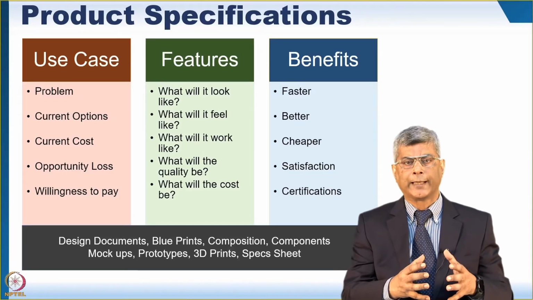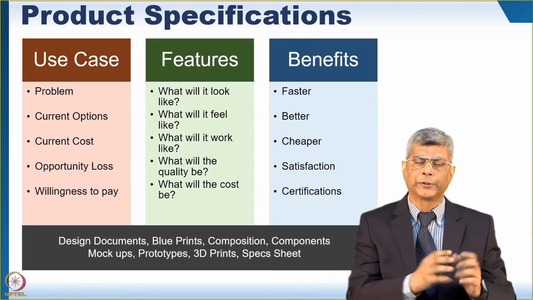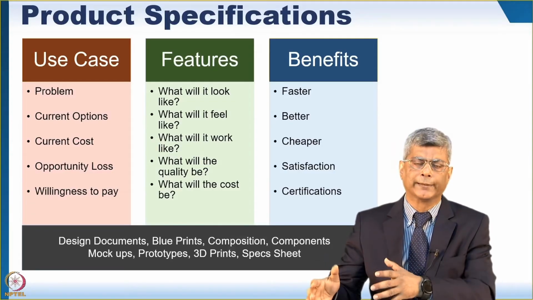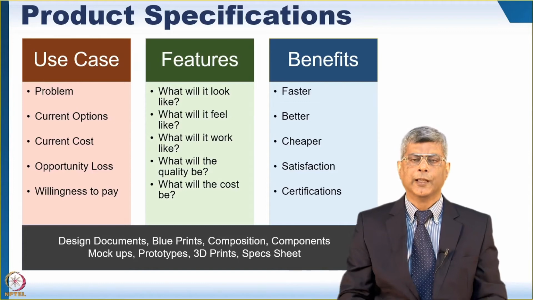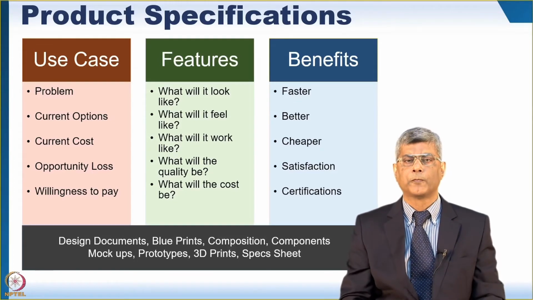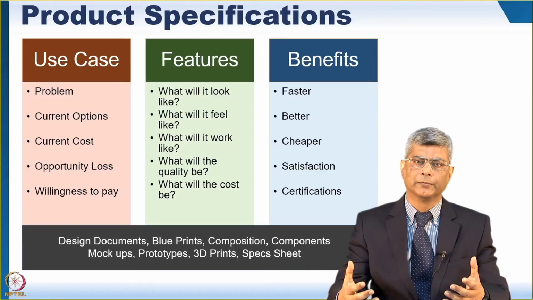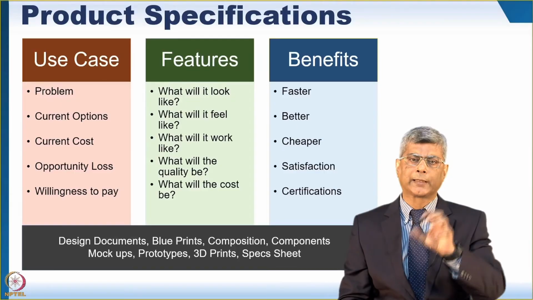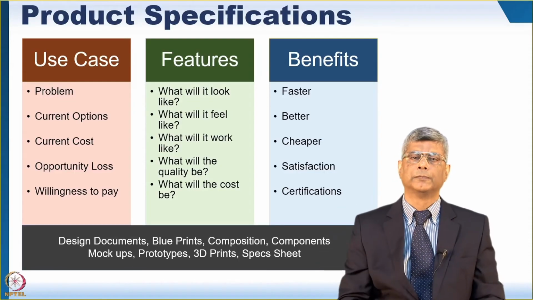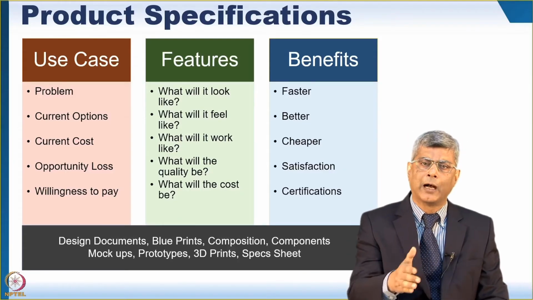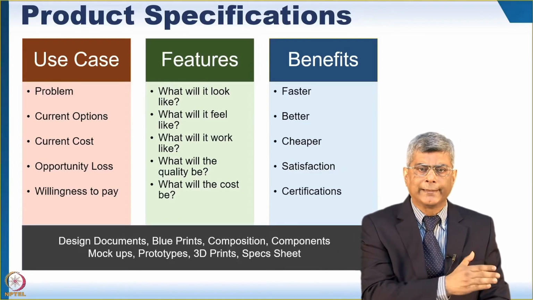If it's a motorcycle, it is a certain use case. If it's a car, it's a different use case. If it's a small, cheap car, it is one use case. If it's a very expensive, big car, it's a different use case. Motorcycles, cars, and then trucks is a business use case. So whether it's a motorcycle or a car or a truck, the business cases are very different.